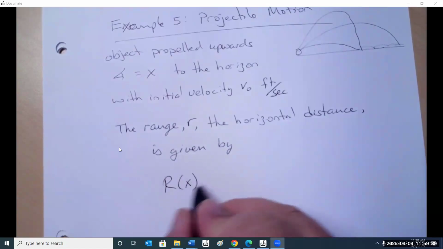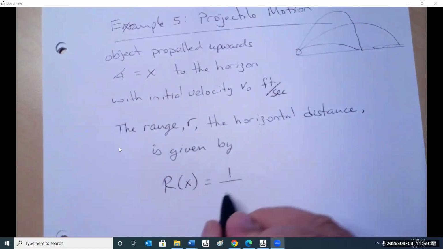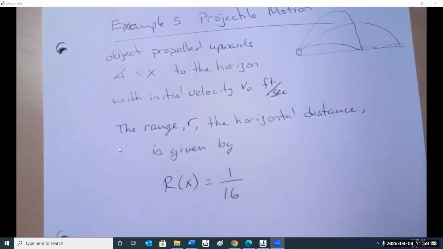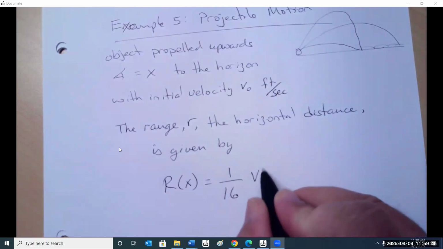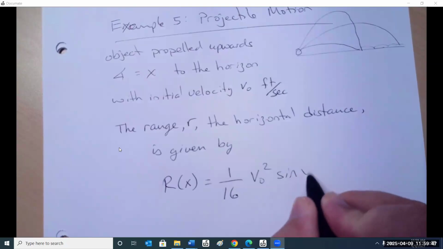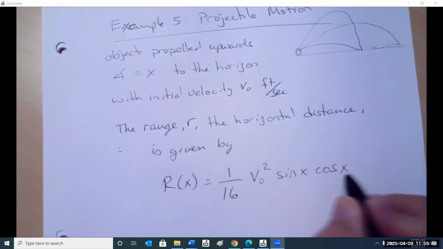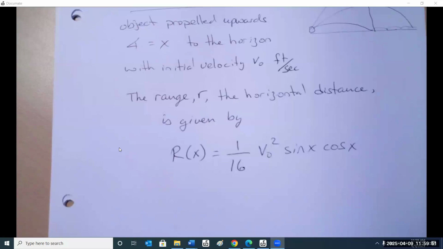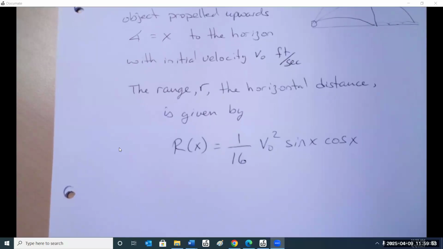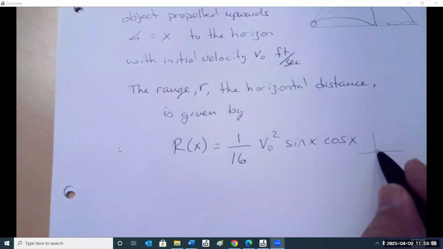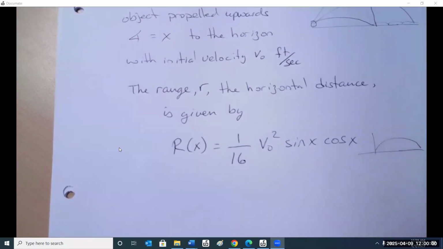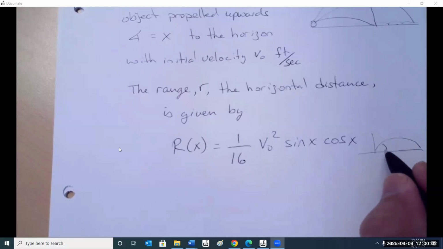R of X is equal to 1 over 16, the initial velocity squared, sine X, cosine X. And that's defining this trajectory, where this is the angle X.